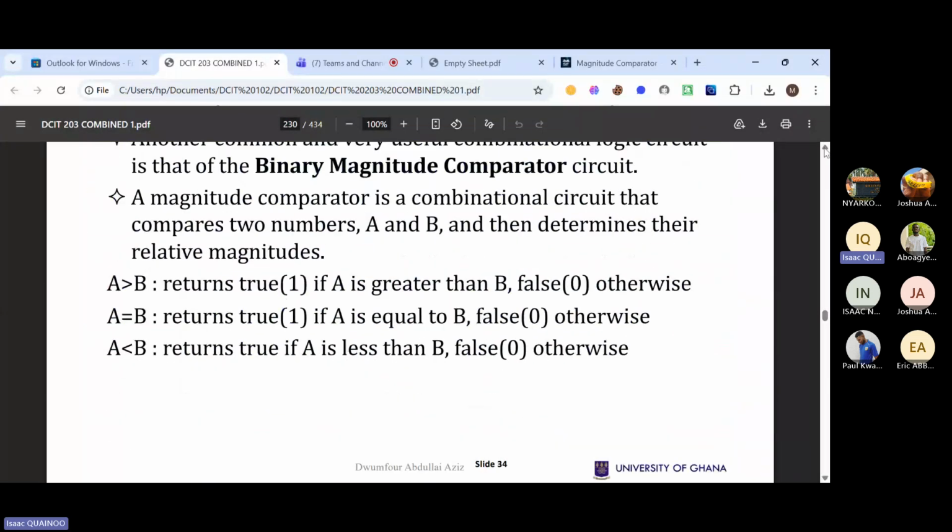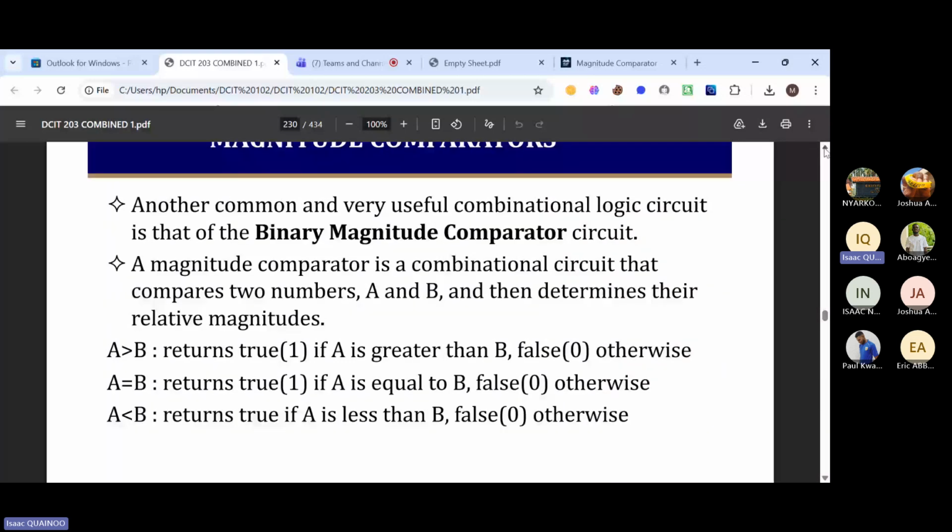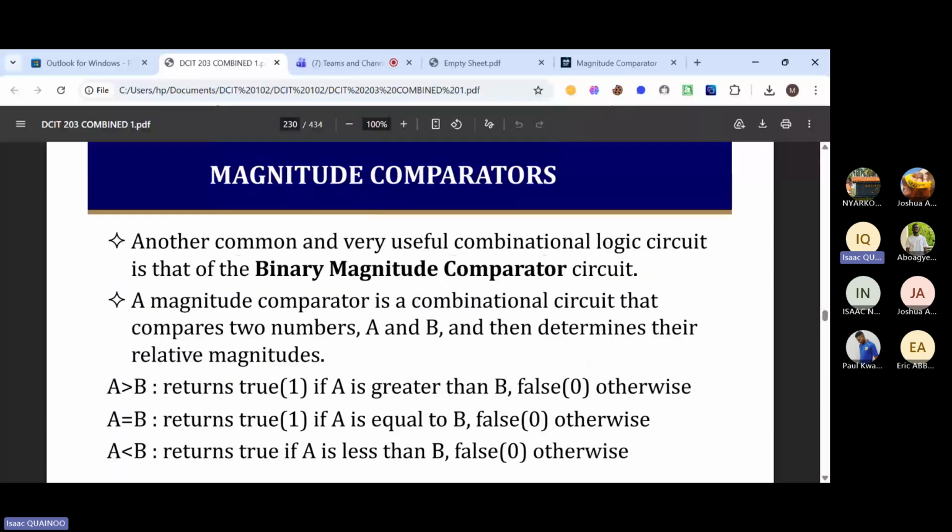We said that they are basically combinational circuits.